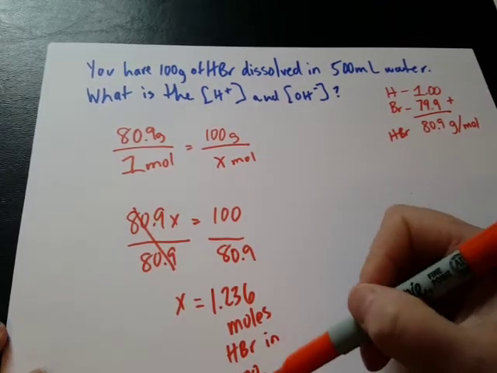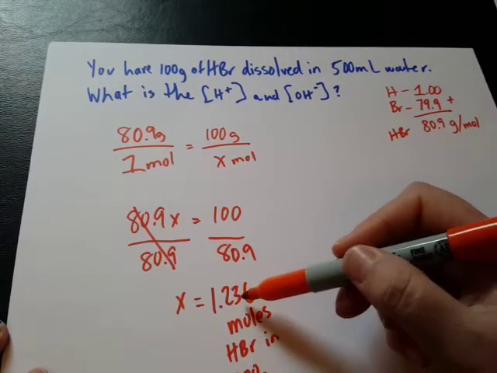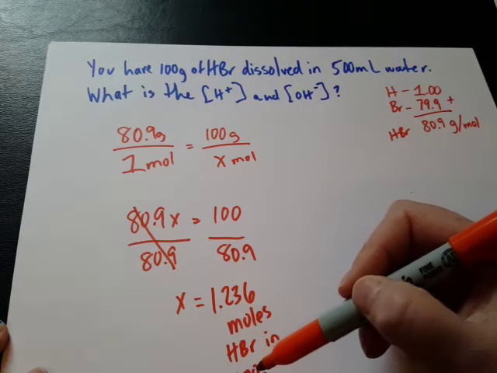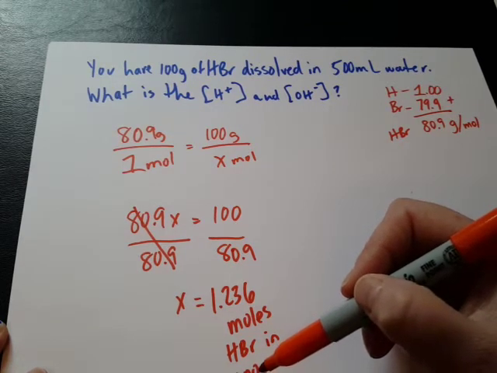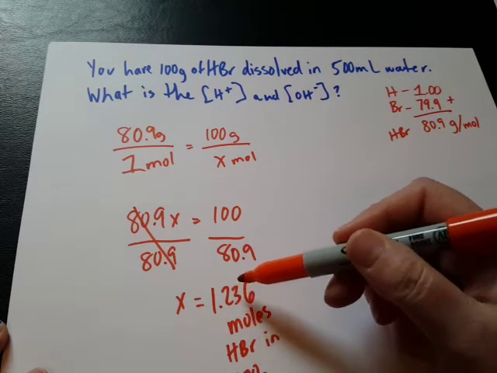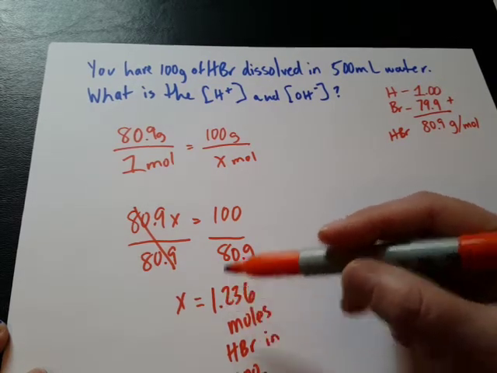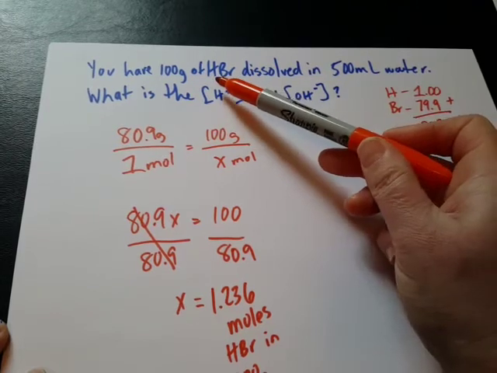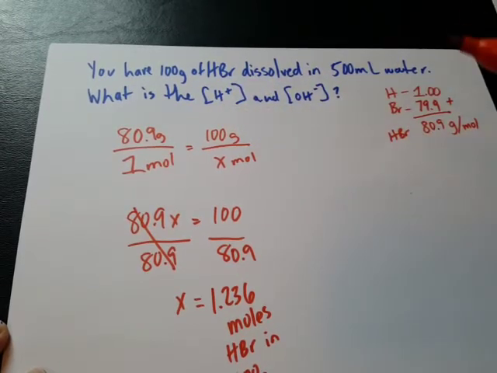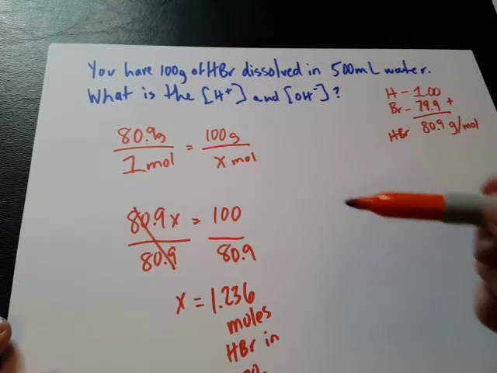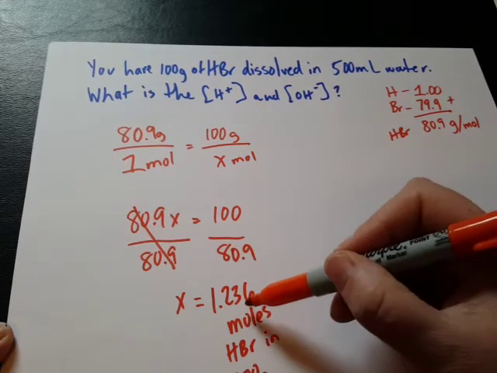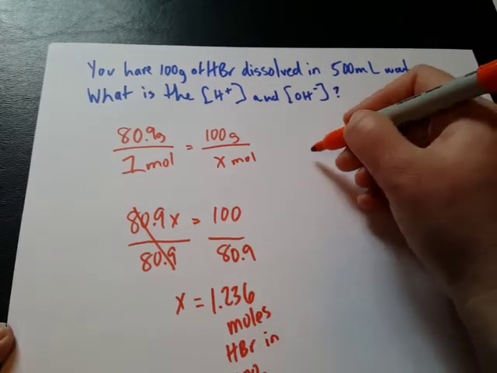Just to keep in mind, what does this mean? It means that in 100 grams of hydrogen bromide, there's 1.236 moles. Now, that number of moles was dissolved in 500 milliliters of water, so we're going to have to find out what the concentration is.